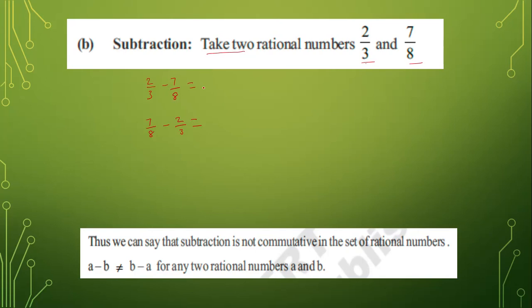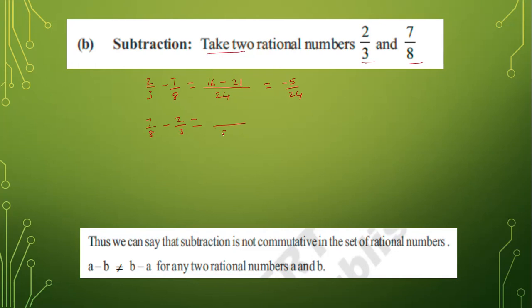Here the LCM is 24. 3 8s are 24, hence 8 2s are 16, minus 8 3s are 24, 3 7s are 21. Then what you get? Minus 5 by 24. We move to the next instance, that is 7 by 8 minus 2 by 3.